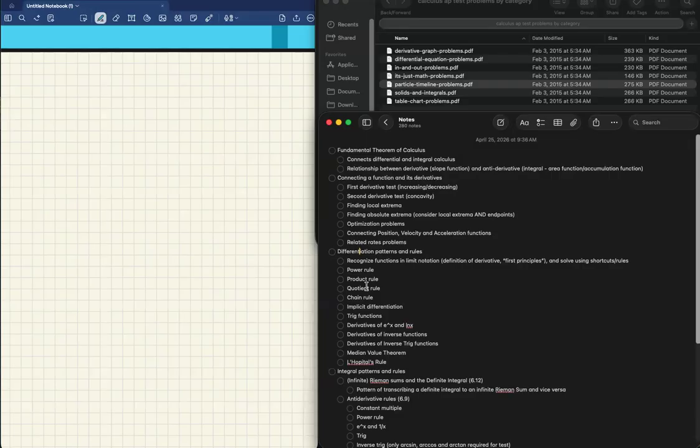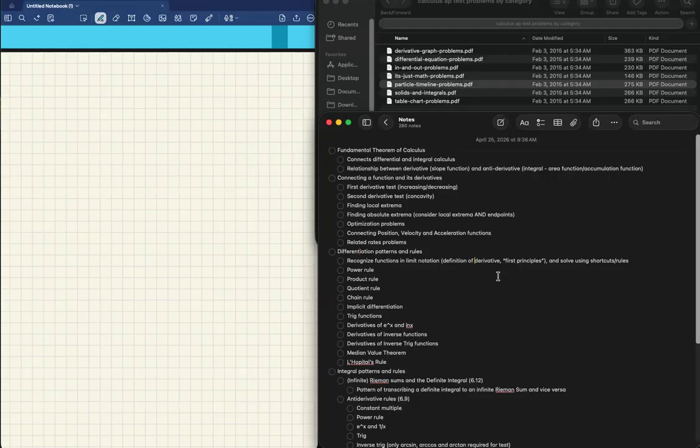So if they give you a problem with a specific function inserted into that f of x plus h and f of x, you have to be able to extract the function from that and see, okay, they want me to find the derivative of this. Then I'm just going to use one of the shortcuts or rules that I know to differentiate that specific function, presented in the form of the definition of a derivative.